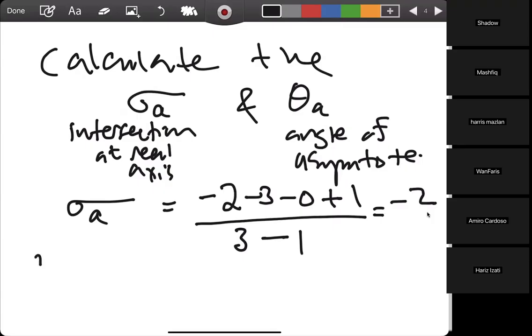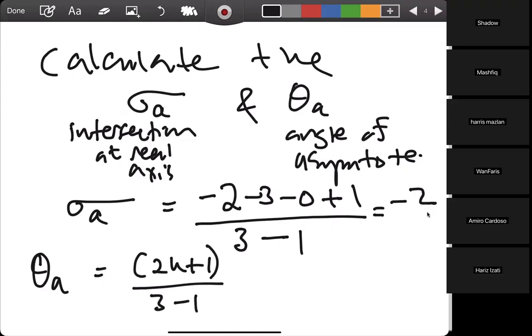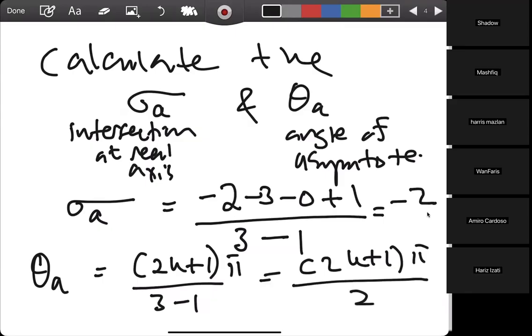And then the angle of asymptote, which is (2k plus 1) pi over the number of poles minus number of zeros, 3 minus 1. Pi is 180. So you will get (2k plus 1) pi divided by 2.